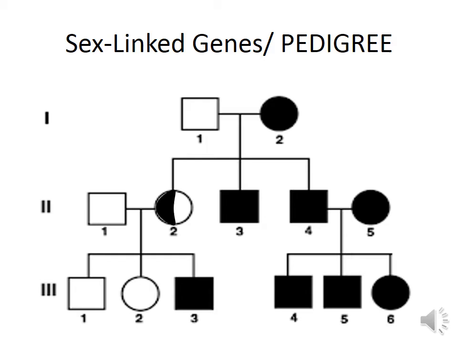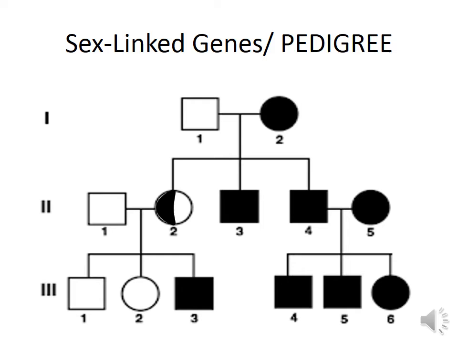Ngayon, kung yung lalaki o yung babaeng nagkaroon ng sakit, you are going to shade. And if the female and male are couples, you're going to draw line connecting them. Ibig sabihin, that's a marriage line. And then the vertical line, yung mga pababa na linya, that means the offspring line. Yan yung mga anak nila.